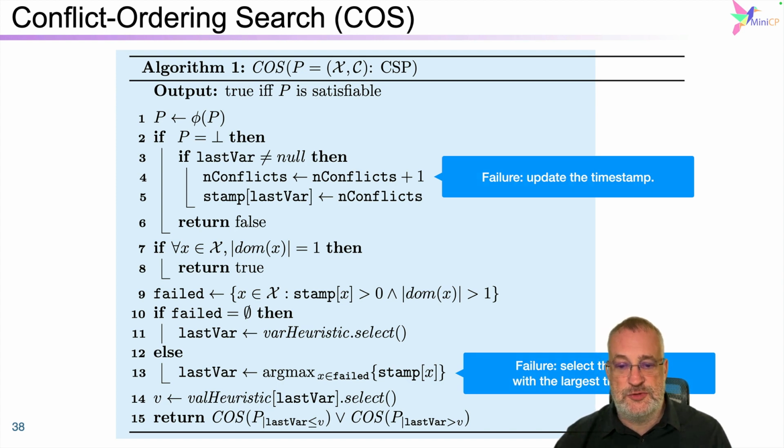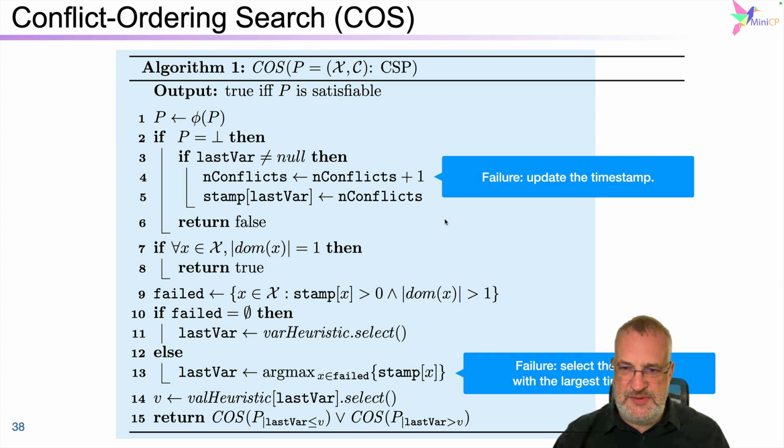We pick the one that has the most recent timestamp among the failed ones. Then we apply the heuristic for the value for that variable, and we recurse on the two cases, whether we have assigned or we have branched on less than or equal to v or larger than v. That's how the original algorithm was described. The key is that this is a selection based on the most recent timestamp. This is the update of the timestamp inside the search. So again, that's something you can embed easily into MiniCP, and that should present no difficulty whatsoever.